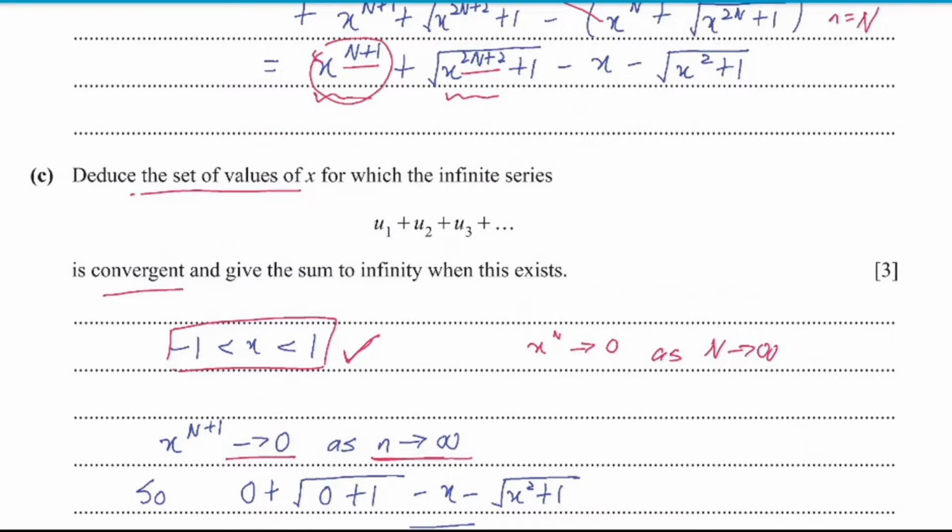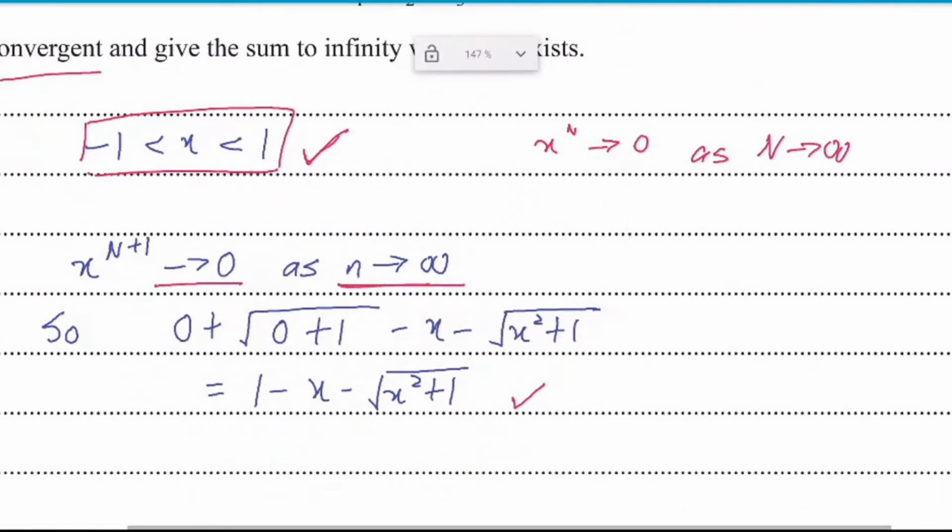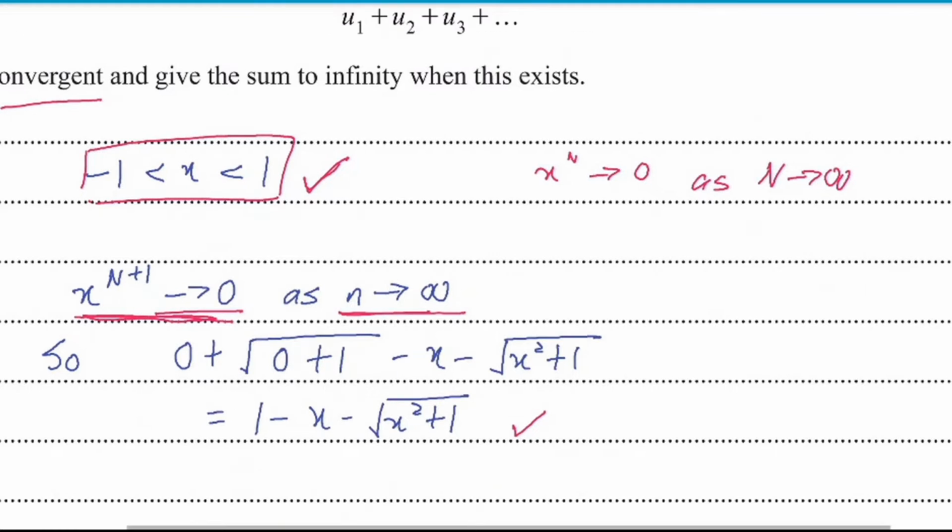All those terms that have an x power n. Another mark will be given when we try to explain that this is approaching infinity. At last, all these terms become 0, which gives us a result. So the result looks like this, when the capital N approaches infinity.